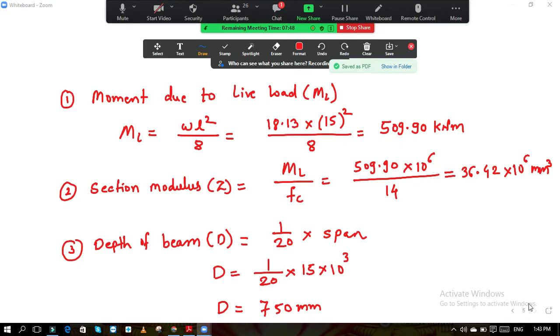So calculate the width now. Width b of the beam. So now Z is equal to bd square by 6.